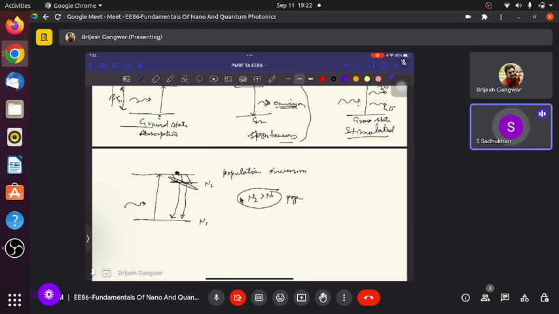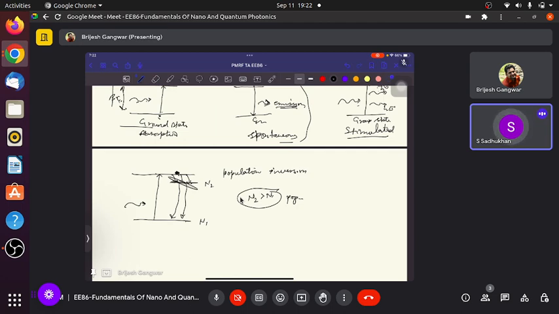But there is another thing. Suppose 100 electrons are coming from the upper level N2 to level N1.